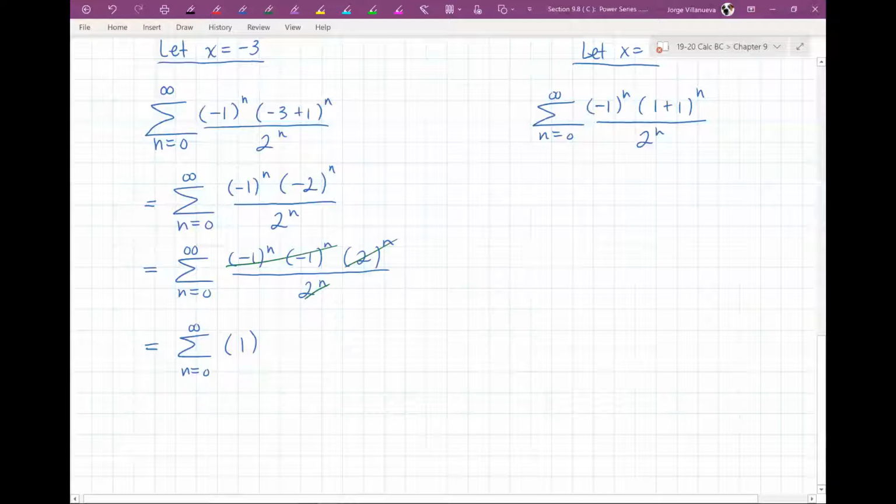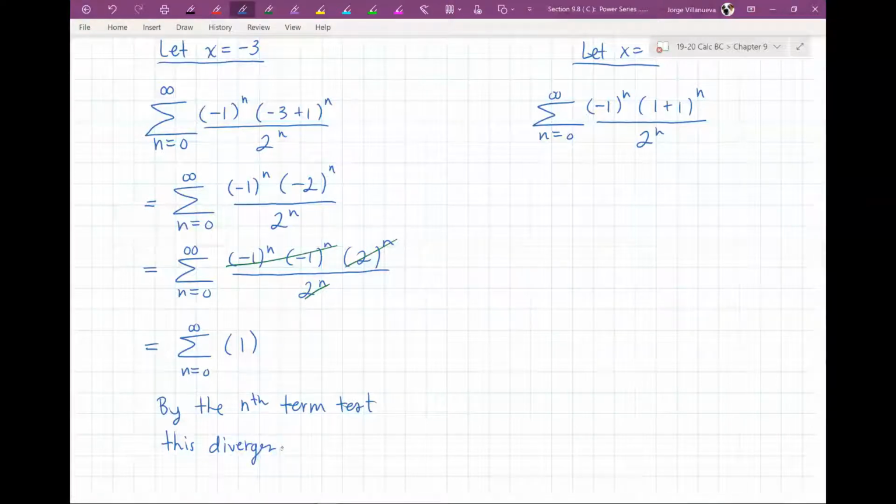That limit is 1. So by the nth term test, this diverges. So that means at -3, it should stay an open parenthesis.